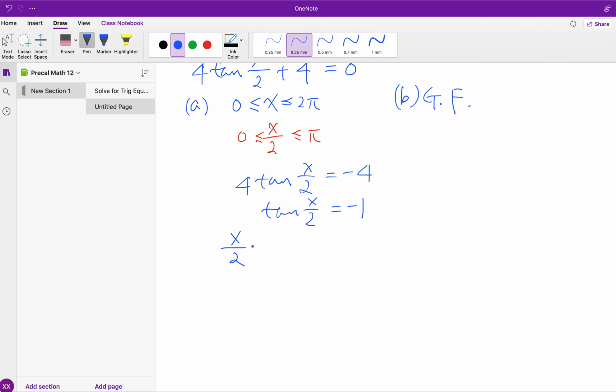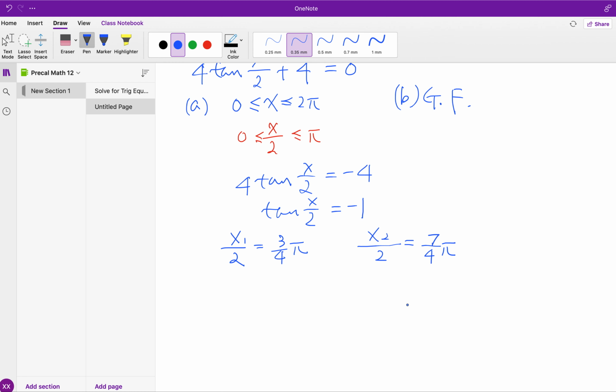So this equals 3 over 4 pi, so x1 over 2 equals 3 over 4 pi. Now x2 over 2 equals 2 pi minus 1 over 4 pi, so this is 7 over 4 pi.